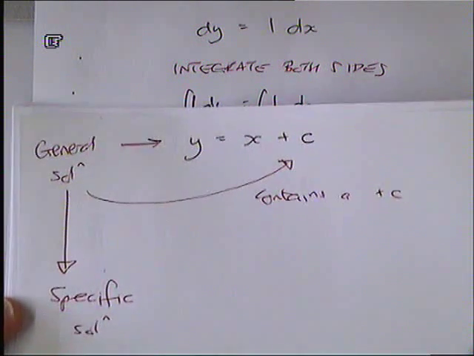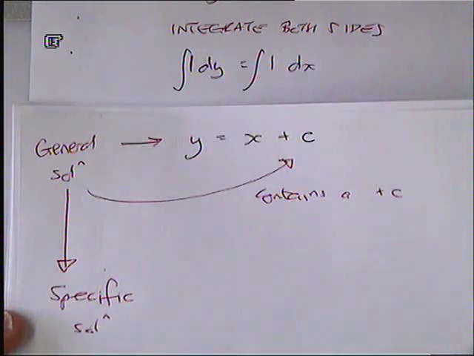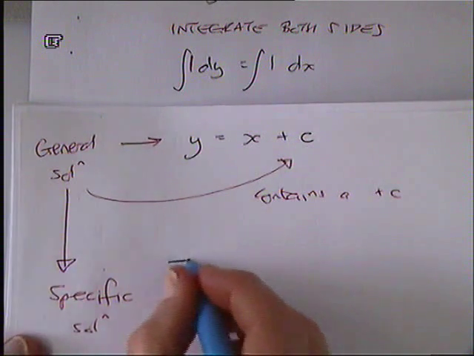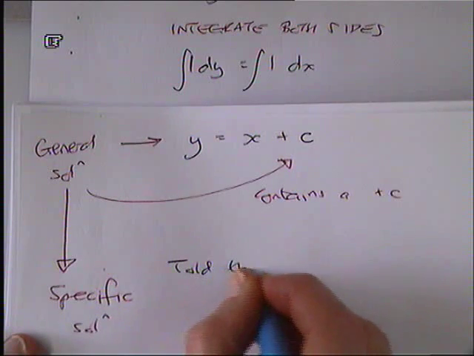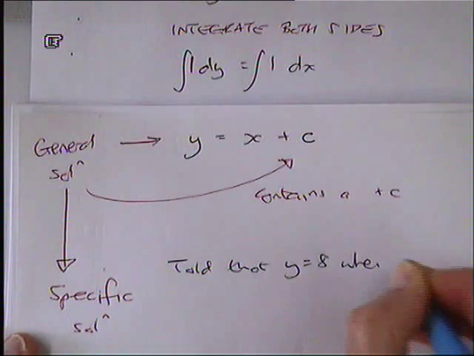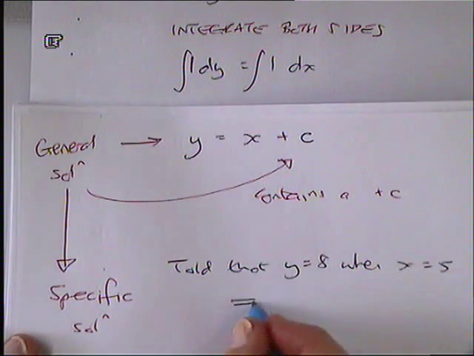And to find a specific solution, that is saying find out what c is, well, you would need some other information to do that. For example, if you were also told that y equaled 8 when x equals 5, what can you now tell me about c?